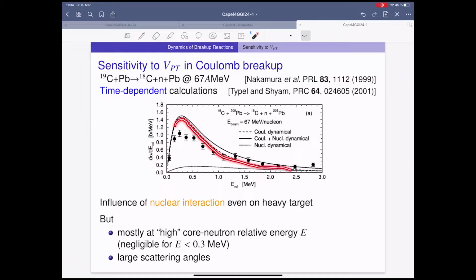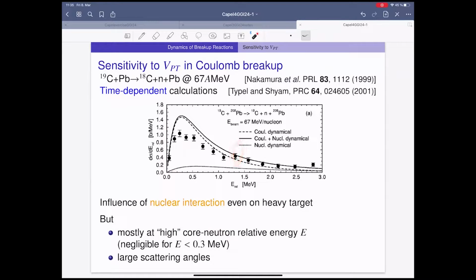So these are the two lines here. So you have the solid line, which is Coulomb plus nuclear, and when they did a calculation with only the Coulomb interaction, they got the dashed line. And so at very low energy, so for less than 0.3 MeV, there is no clear, very significant influence.